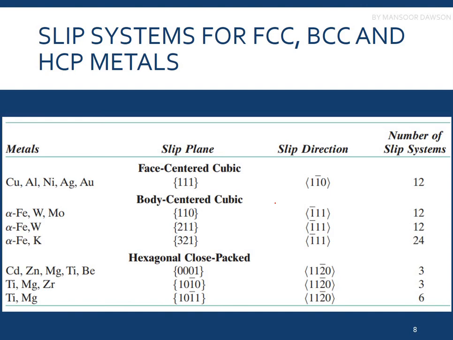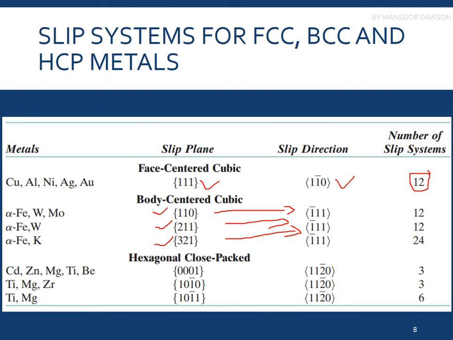Here we can see the slip systems of FCC, BCC, and HCP metals. Copper, aluminum, nickel, gold, and silver are FCC with the 111 plane and the 1 minus 1 0 direction, and in total they have 12 slip systems. In BCC we have alpha iron, tungsten, and molybdenum, with 110, 211, and 321 slip planes and their directions, which are all the same, minus 111.